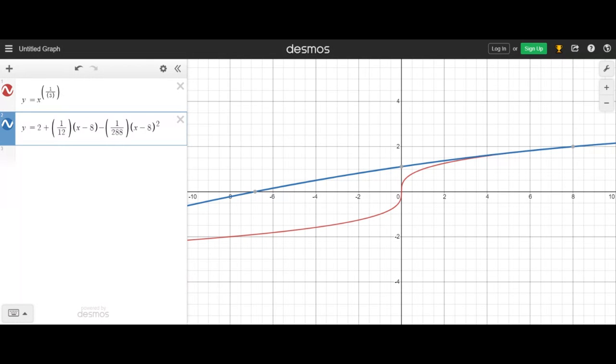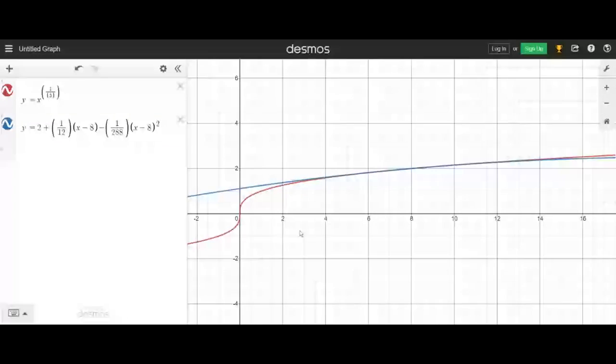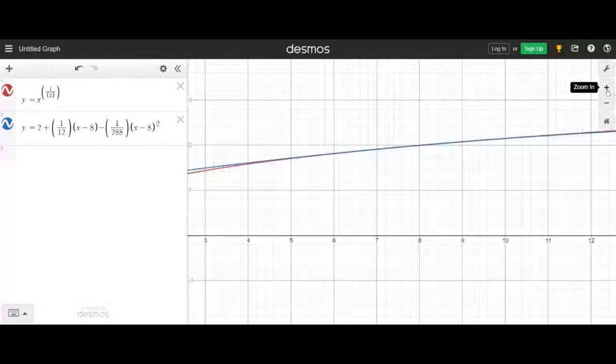So what I did was I graphed the cube root of x, which is the function I'm trying to approximate, and then I graphed also that second degree Taylor polynomial. Let me adjust the window a little bit here.